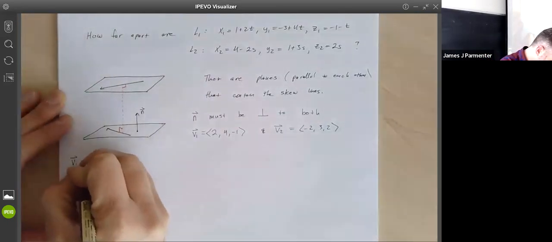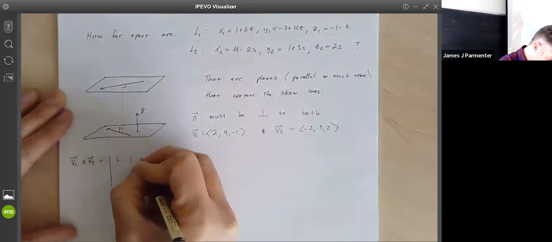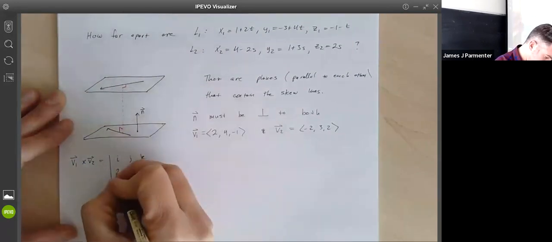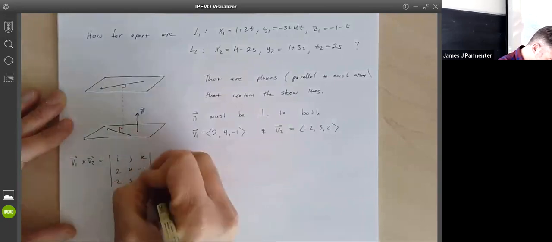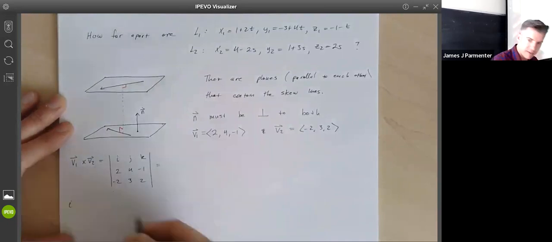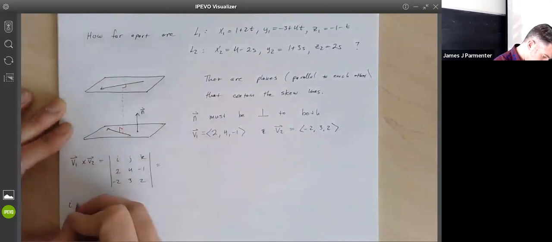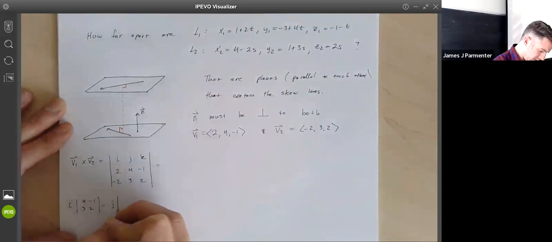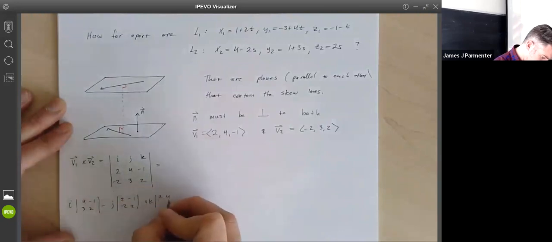So we're going to find the cross product of these two vectors. So V1 cross V2, usual method, determinant of this 3 by 3 matrix. V1 is 2, 4, -1. V2 is -2, 3, 2. And then we're going to get, so this is where it becomes good to just do the work. I times the determinant of 4, -1, 3, 2, minus J times the determinant of 2, -1, -2, 2, plus K times the determinant of 2, 4, -2, 3.